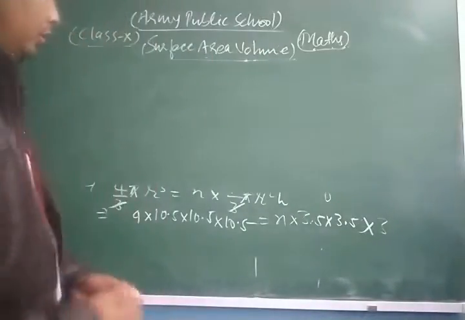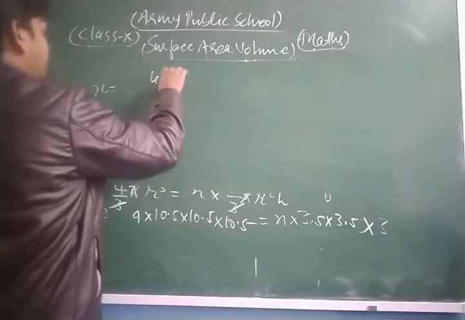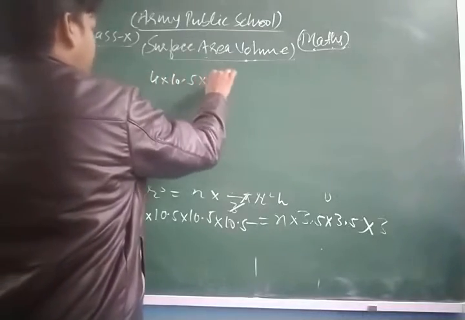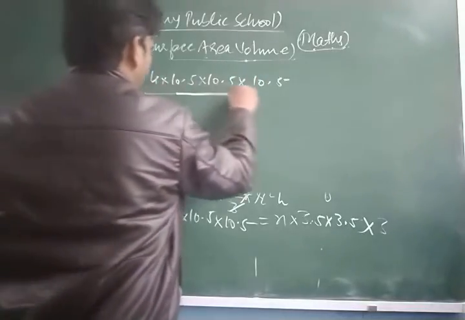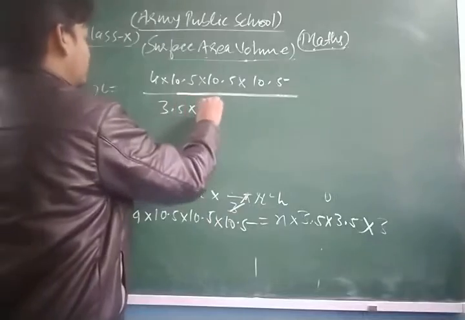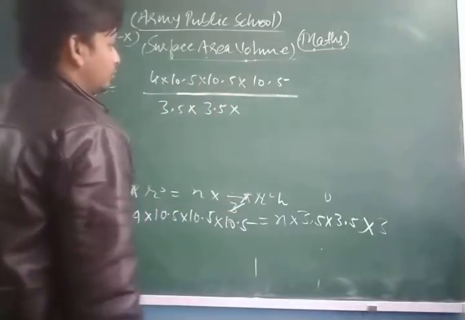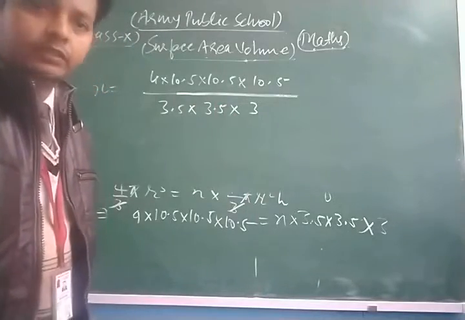Dear friends, from there we get n is equal to 4 into 10.5 into 10.5 into 10.5 divided by 3.5 into 3.5 into 3.